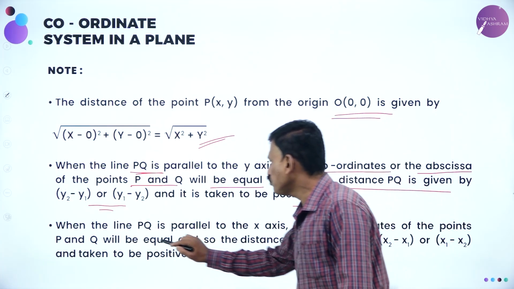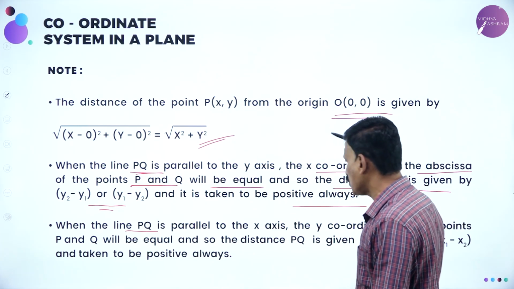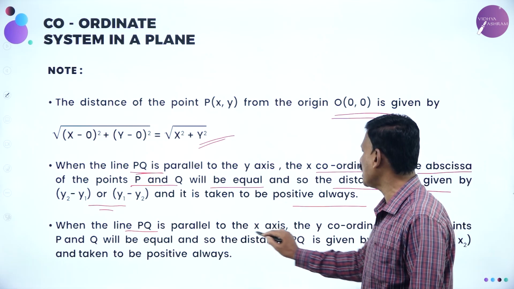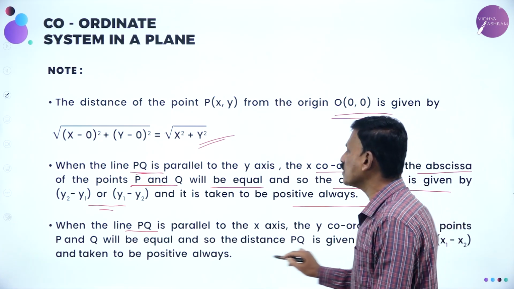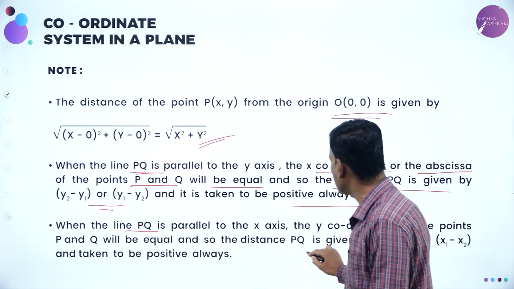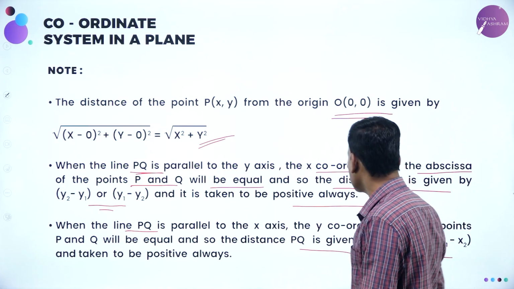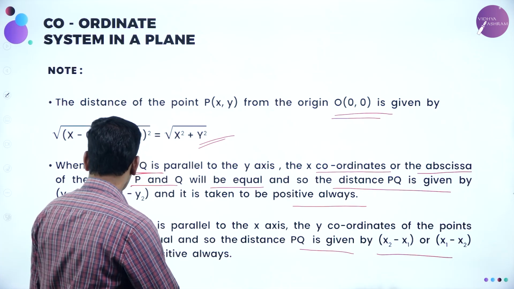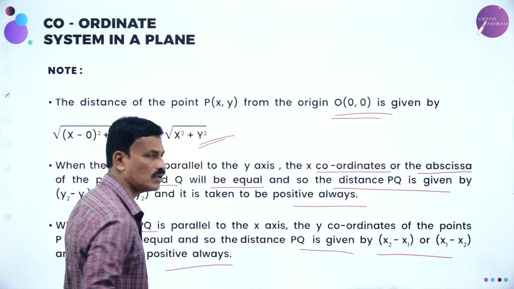When the line PQ is parallel to the x-axis, the y-coordinates of the points P and Q will be equal, and the distance PQ is nothing but x2 minus x1 or x1 minus x2, always taken to be positive.